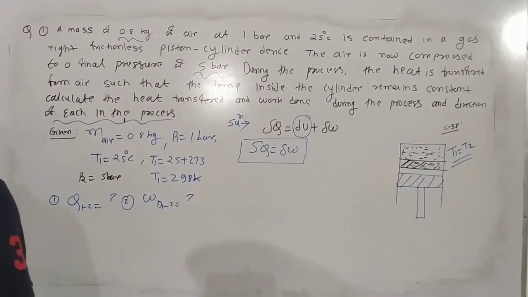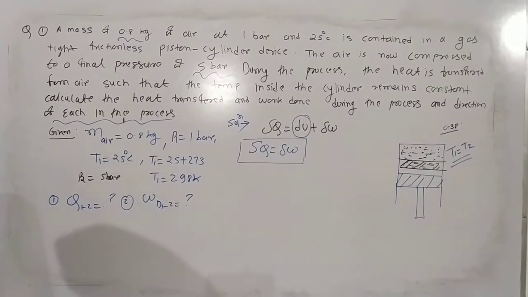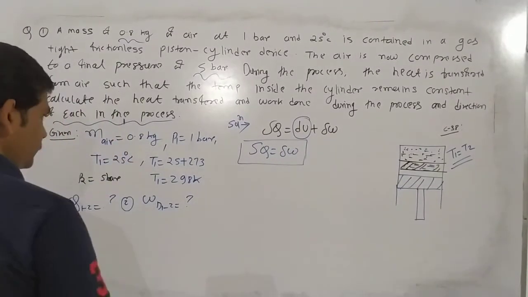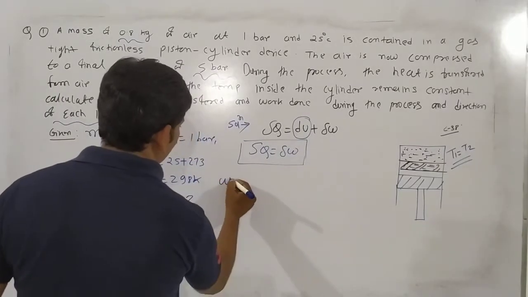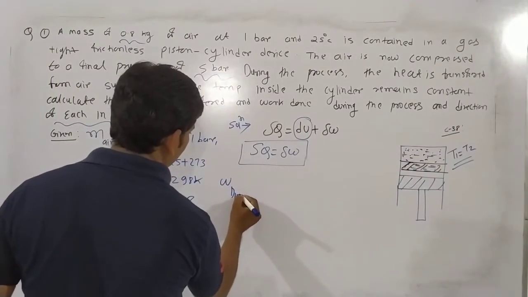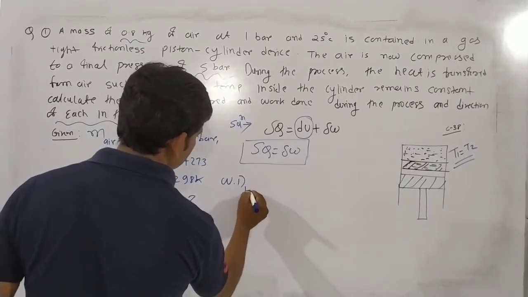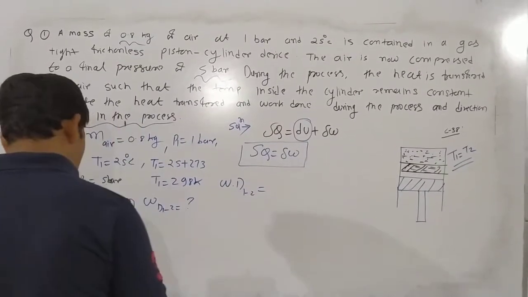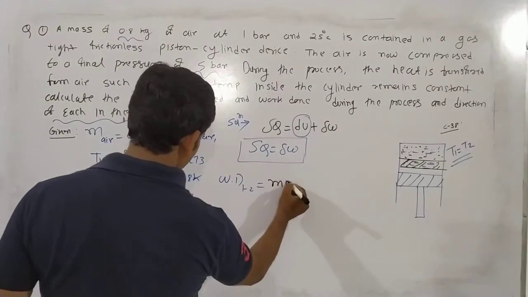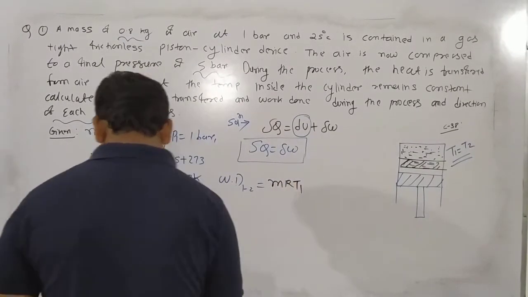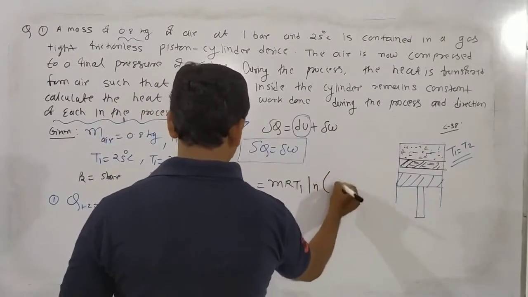So we know the formula for work done. What is the formula for work done in an isothermal process? W1-2 is equal to m R T1 ln(P1 upon P2).